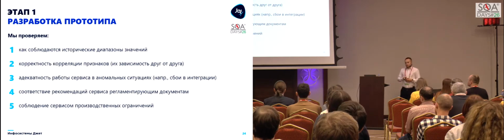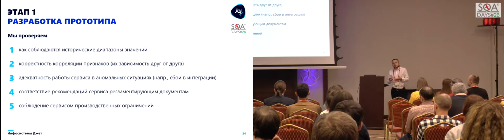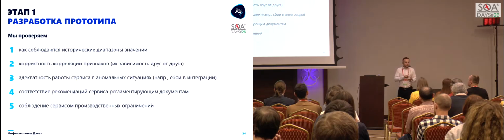Next, we check the service's work in emergency situations, if we break down the integration or something else, and then the compliance of the recommendation service with the regulating documents. It's a very important thing, especially when we use machine learning in production environments.